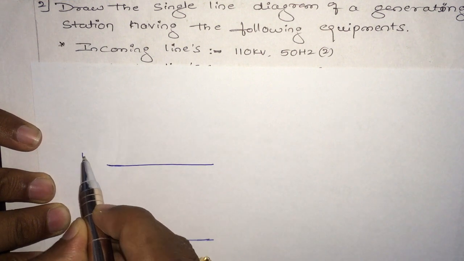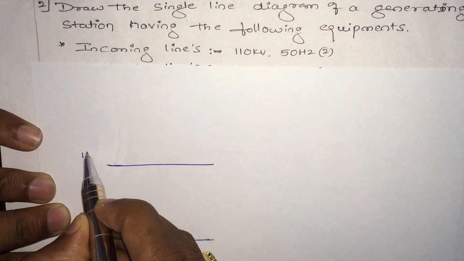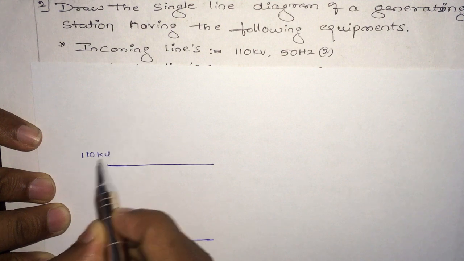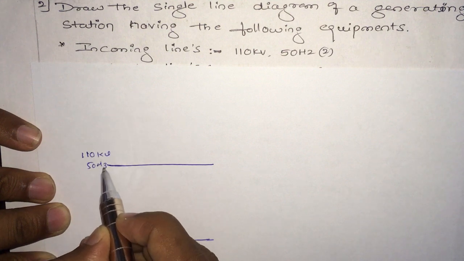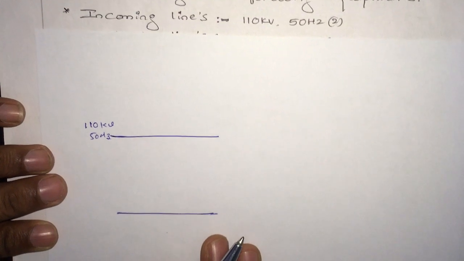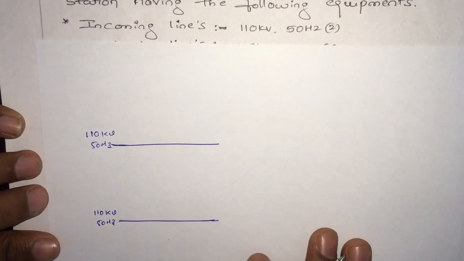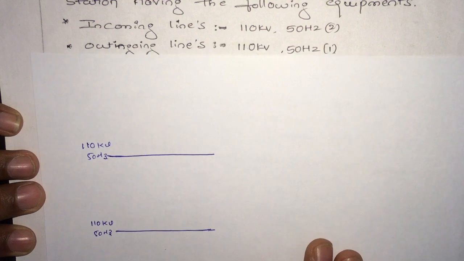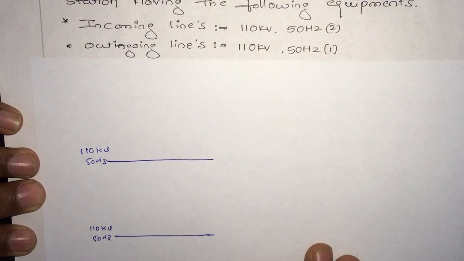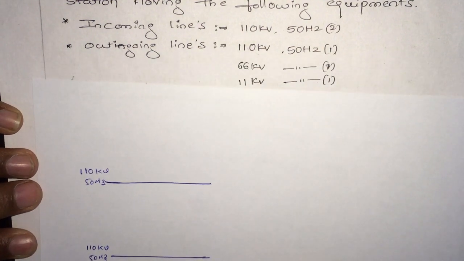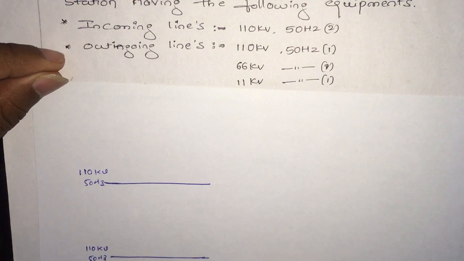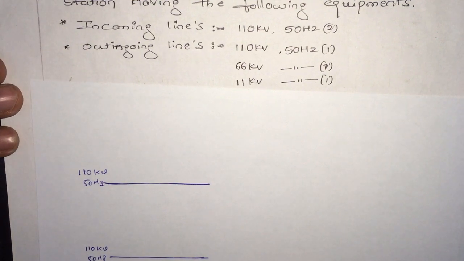One is 110 kV 50 hertz, and the second one is also 110 kV 50 hertz. We draw two incoming lines, and the second thing is the outgoing lines.